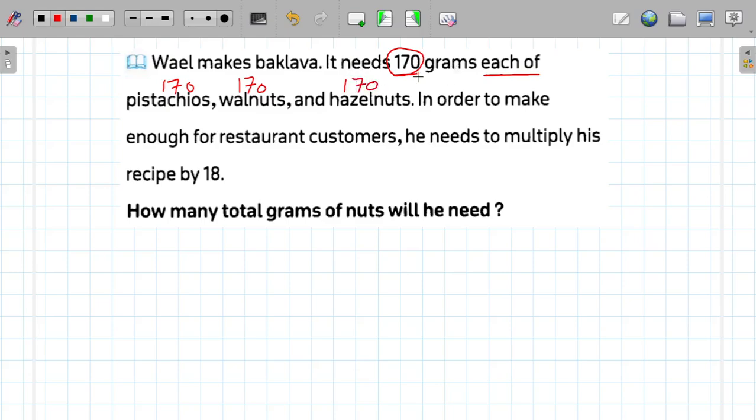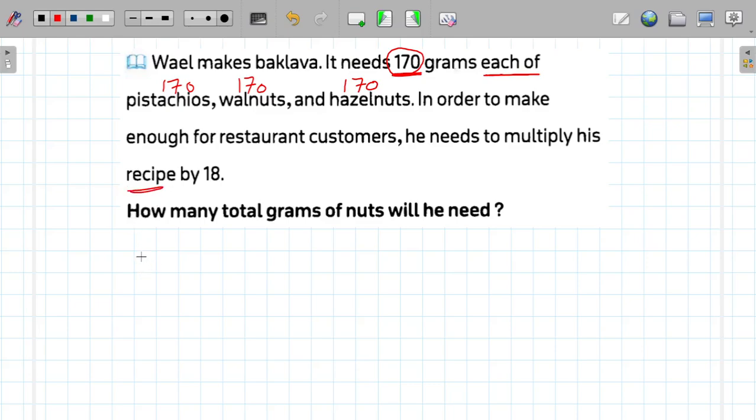Okay, so first I need to multiply the number of grams by 3 to find the total grams of nuts for one recipe.